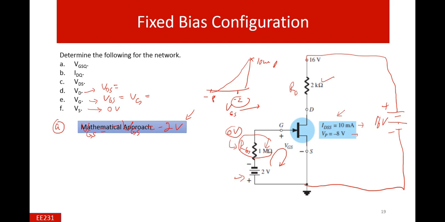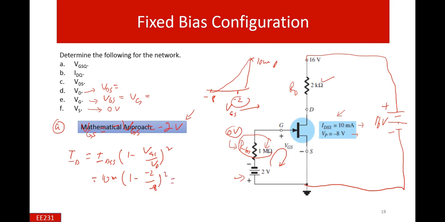And next is the current. How to find the current? Actually we have the Shockley equation. The drain current is equal to the maximum value of the current times 1 minus VGS over VP, whole square, because all values are given. For example, it is 10 milli times 1 minus (minus 2 over minus 8) whole square.